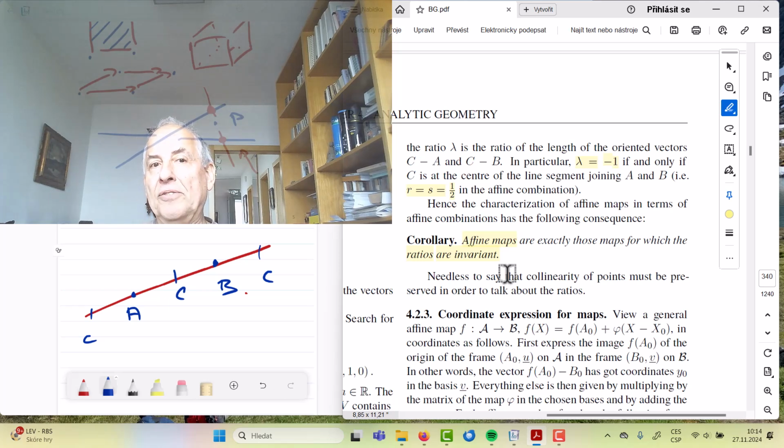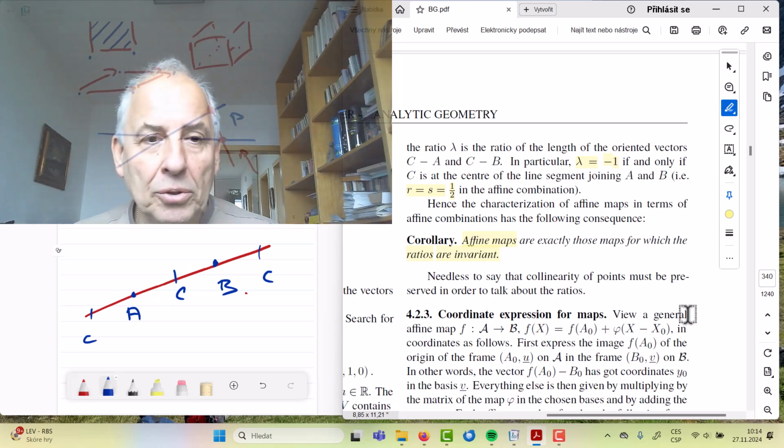Because first of all, in order to be able to say that it respects the ratios, it must map lines to lines, right? Because we were just talking about ratios on lines. So this should be a consequence, right? So take it with some reservation, but we shall come back to that when we talk about projective maps, and then it will get clearer.